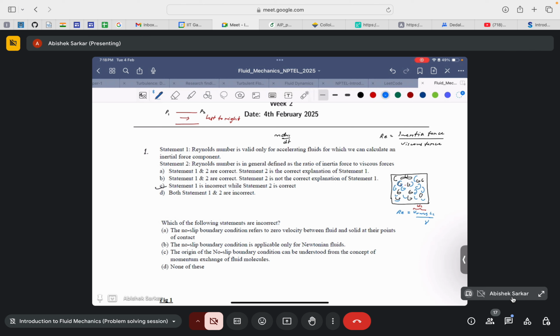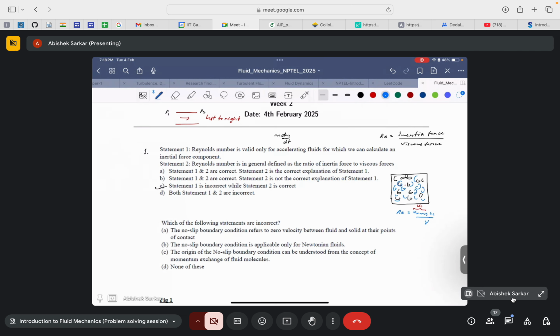So here you can see there is no apparent acceleration of the flow field, but there is motion, and this motion is characterized by the RMS velocity. In these flows as well we define the Reynolds number, but we cannot say that if the flow is not accelerating, we cannot define the Reynolds number because there is no inertia force.